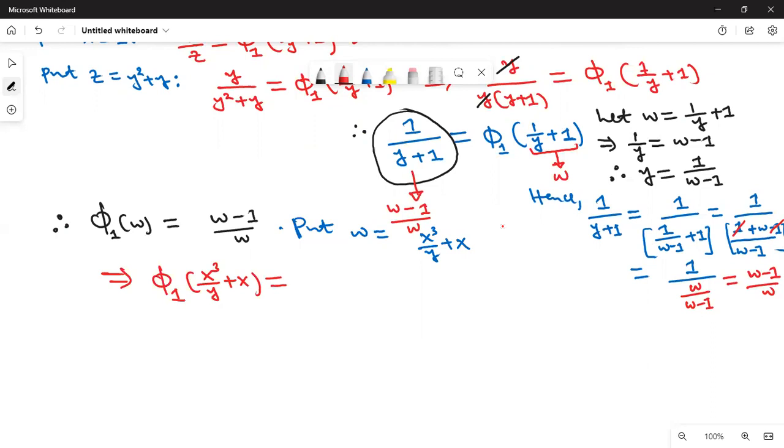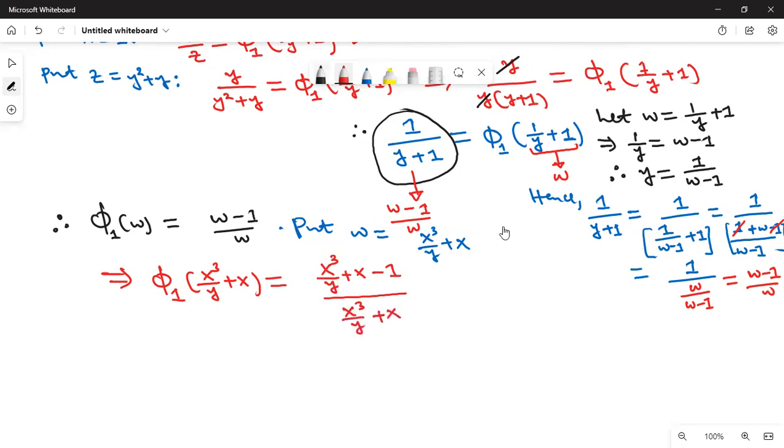This will be equal to, in the numerator, we have x cubed over y plus x minus 1. That's the numerator, w minus 1, over w, which is x cubed over y plus x.